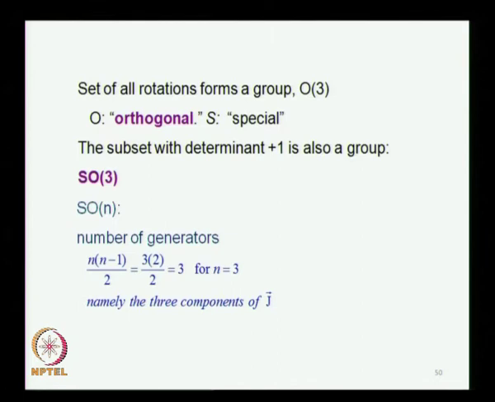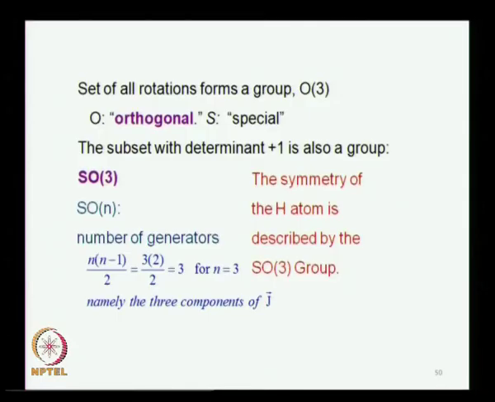The number 3 actually comes from, it is generic. There are a family of groups called SON. It could be SO3, SO4 and so on, where the argument of SO gives you the number of generators by the relation n into n minus 1 by 2. So, when n is equal to 3, 3 into 2 by 2 gives you 3, and there are 3 generators for the rotation in Euclidean space, which are the 3 components of the angular momentum.